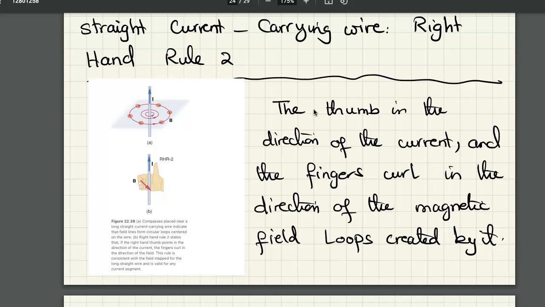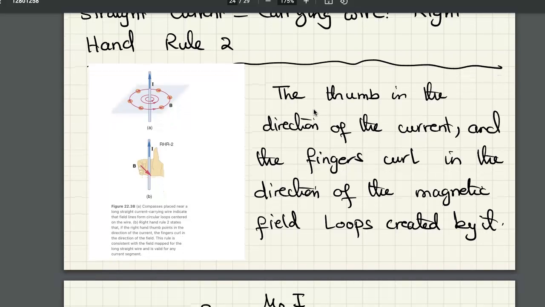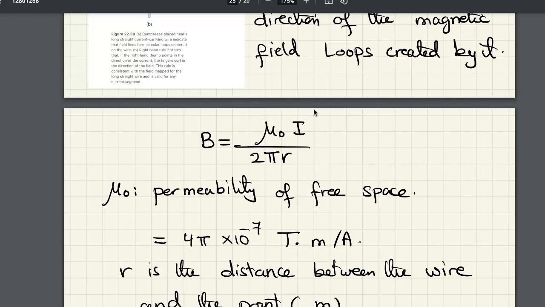We call this a straight line current, a very long wire, and the magnetic field can be calculated as mu0 times I divided by 2 pi r, where mu0 we call the permeability of free space. It's a constant that equals 4 pi times 10 to minus 7 Tesla times meters divided by ampere.